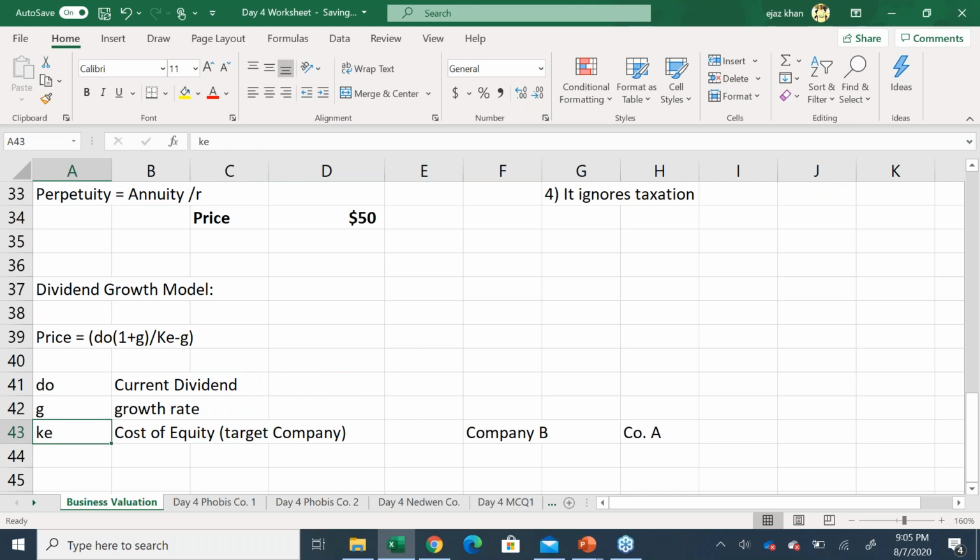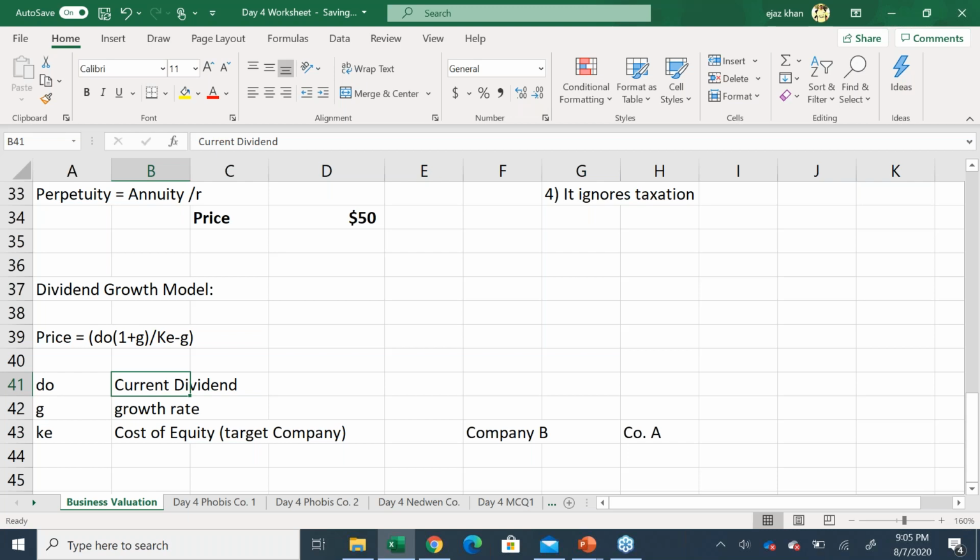Right? Now, another important point, just note it down. D naught means current dividend, right? Basically, we don't need the current dividend. Whoever invests in the company today will be getting the dividend of the next year, not the current dividend.